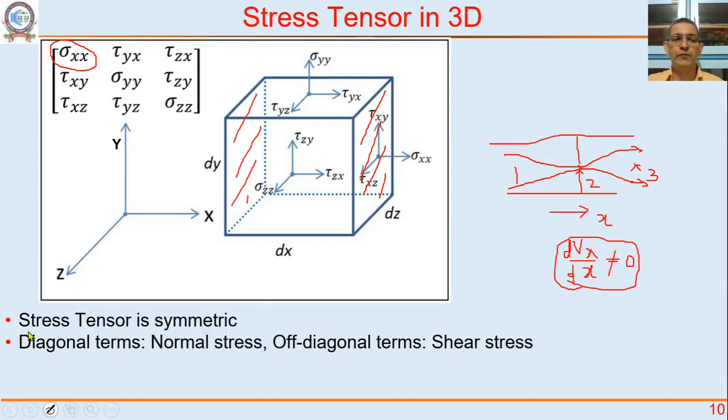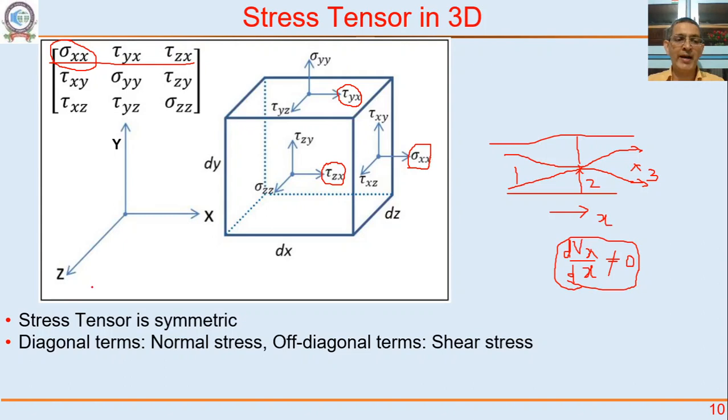Okay, try to visualize that. Right now I am going to show this elongational or compression stress by a symbol sigma, just to differentiate it from the shear tau yx and tau zx. So in the x direction, what stresses have we seen? In the x direction, there is a tau yx, there is a tau zx, and there is a sigma xx. So these are the stresses in the x direction.